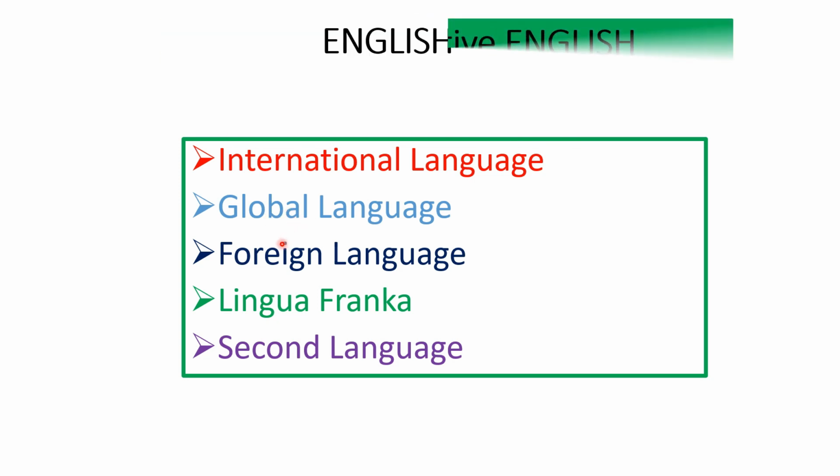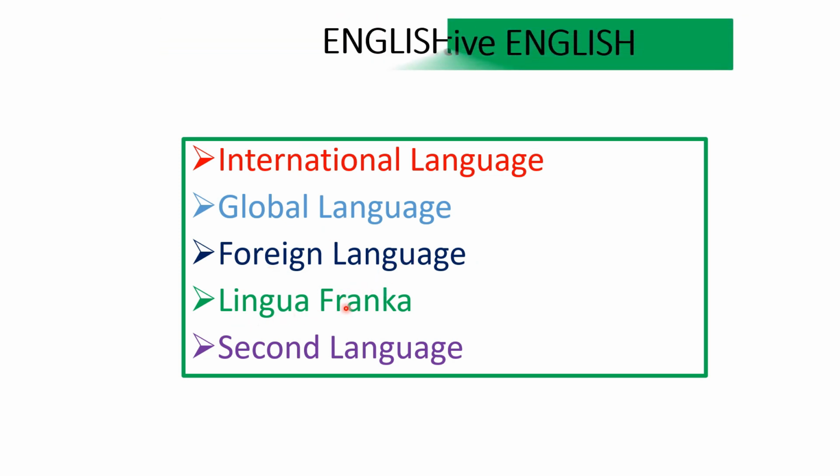And second, some people say English is a foreign language, and it is also a second language. Foreign language means it is not our native language. The native people of our country talk in Bangla, but when we meet with a foreigner, or with people of another country, we use this language as a foreign language.